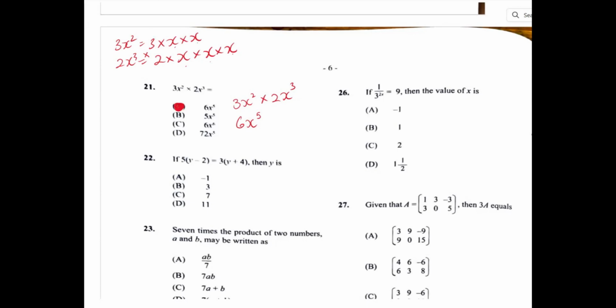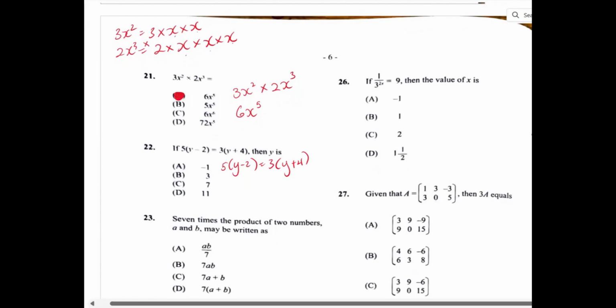If 5 into y minus 2 is equal to 3 into y plus 4, what is y? You have a choice to solve this or substitute each of the answers into the equation.